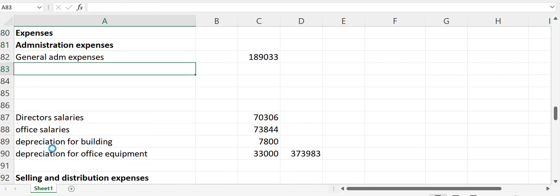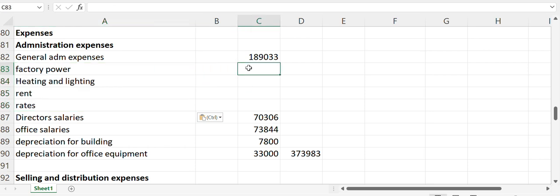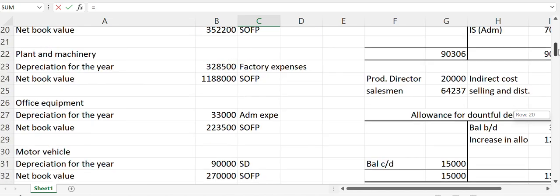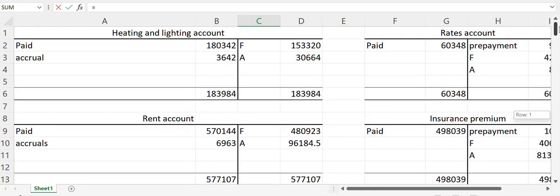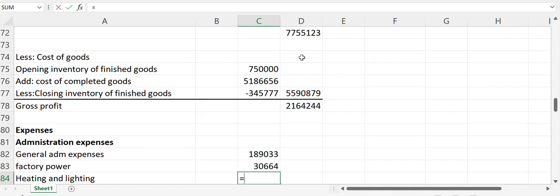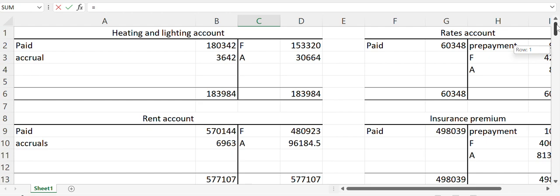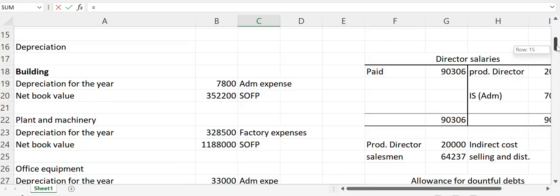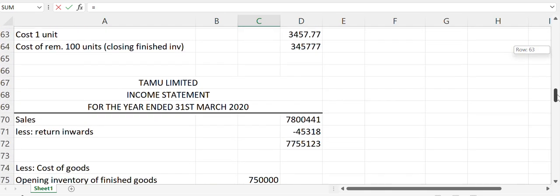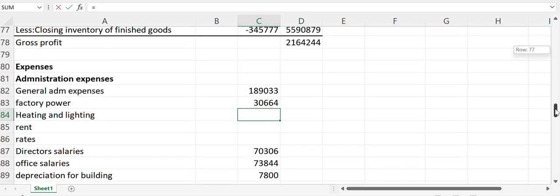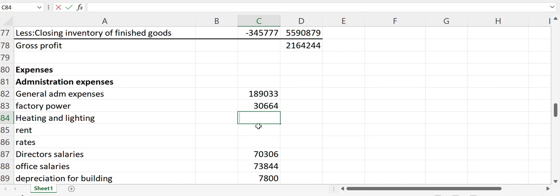So let us do that. We forgot that. So for factory admin, we had computation for that factory. The first one was admin, that one. Then we have heat and lighting. The first one is factory power.